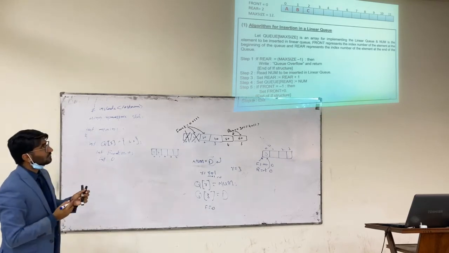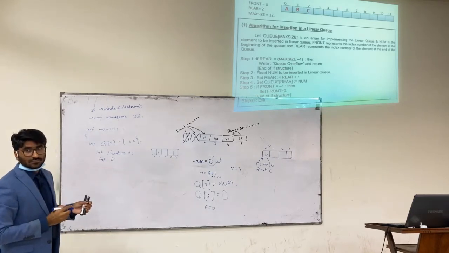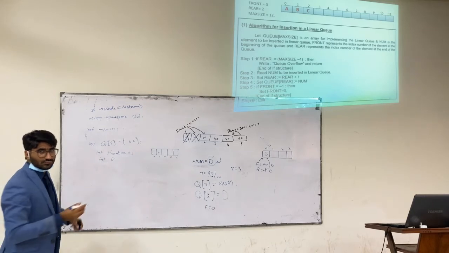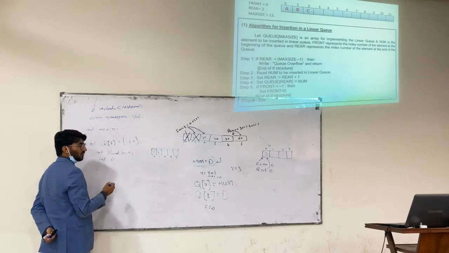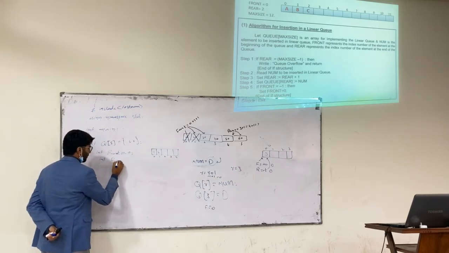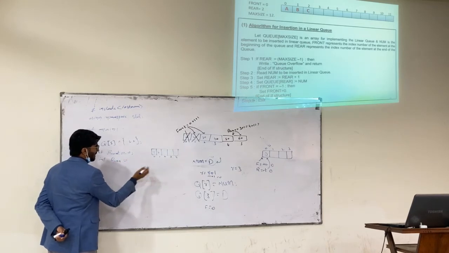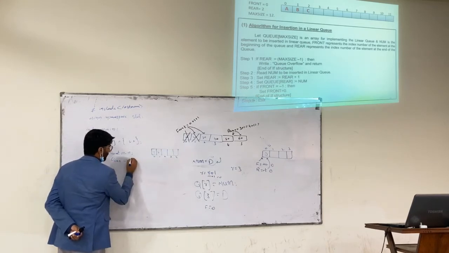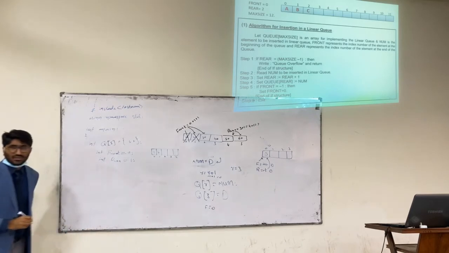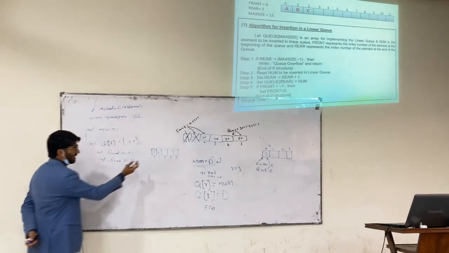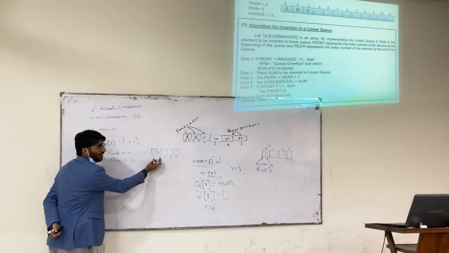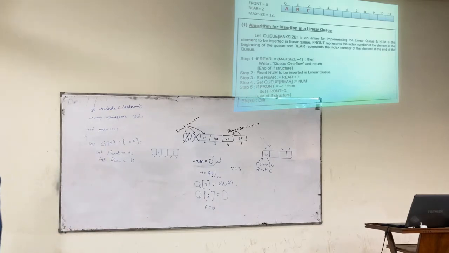So in this situation, rear is 1, ठीक है, आपका इसको फ्रंट पॉइंट कर रहा है, रेयर इसको पॉइंट कर रहा है. Now the question is that we want to insert a new value.